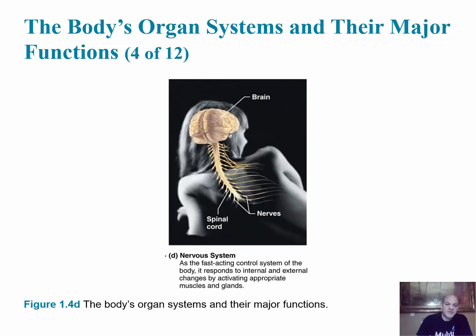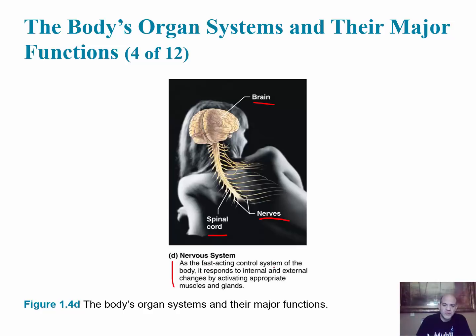The next system is the nervous system, and a major organ there is the brain. The spinal cord is another structure there, and then the structures that leave the brain and the spinal cord are called nerves. So those are some major structures of the nervous system. And the function here is really about communication, really fast and direct communication.